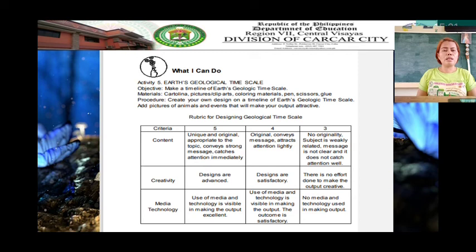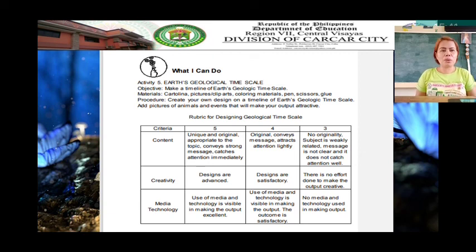And what are you going to do? Create your own design on a timeline of Earth's geologic time scale. Add pictures, as I have mentioned earlier, that will make your output attractive.